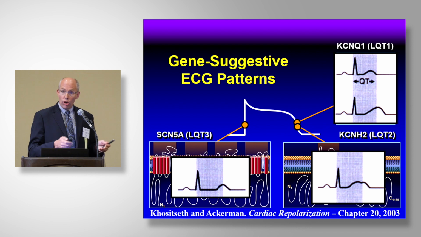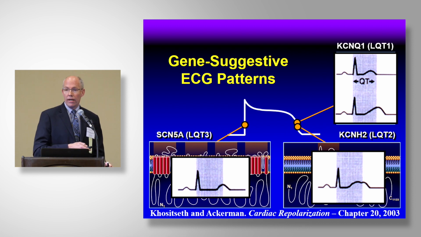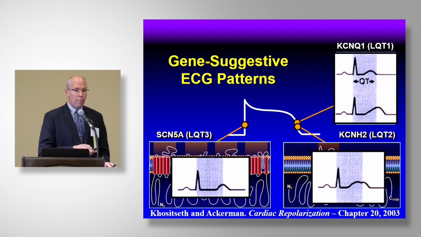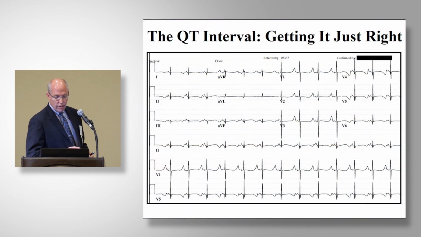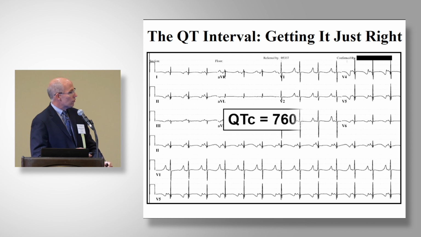So there are different looks of repolarization that make us more or less suspicious that pathologic repolarization is going on. So let's work to see if we can get it just right.